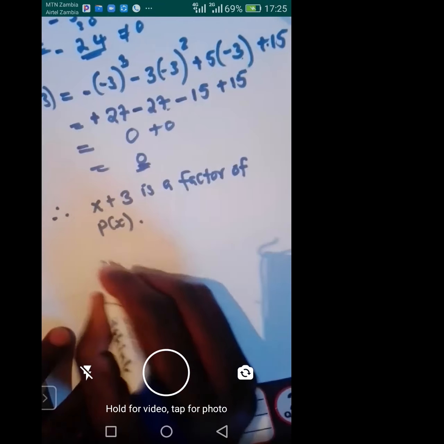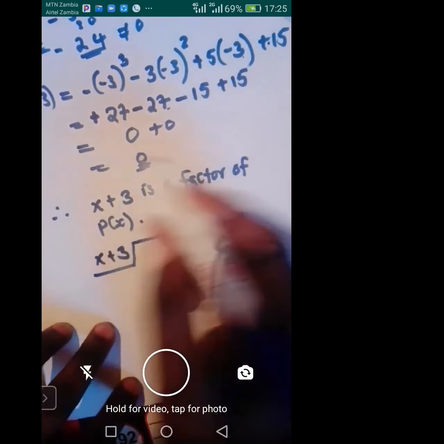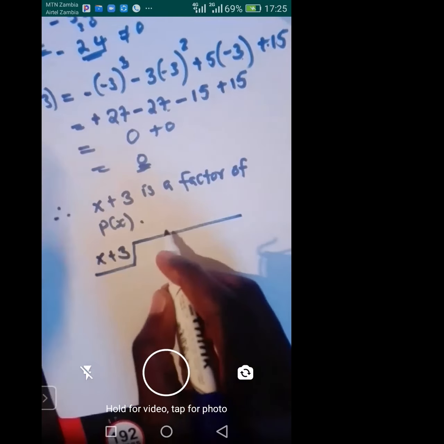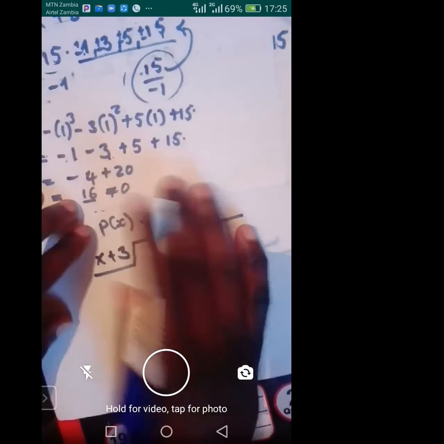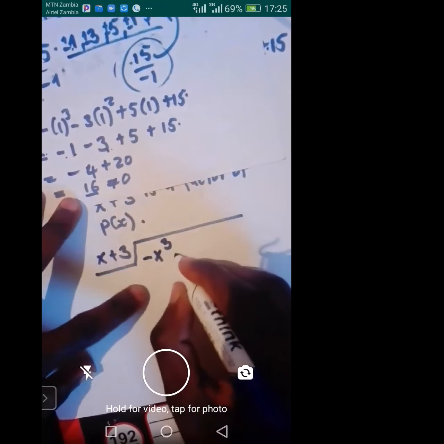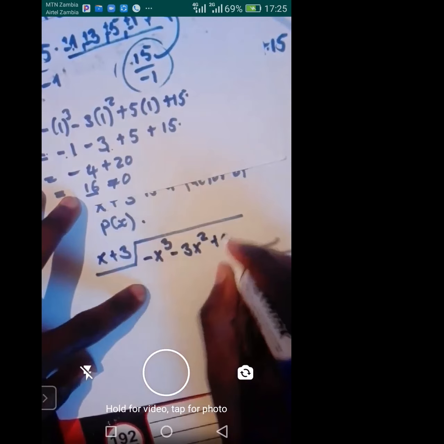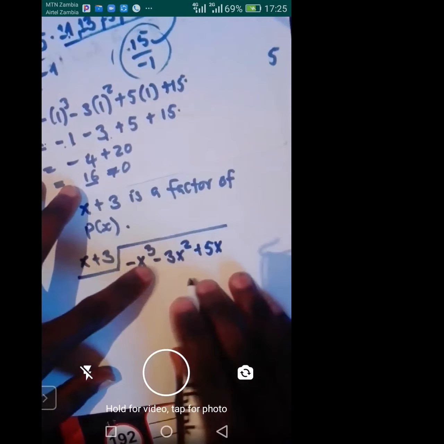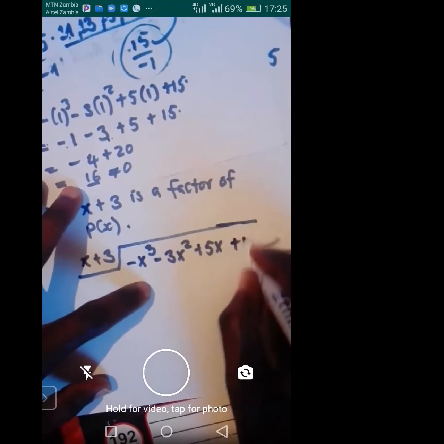So you have x plus 3 into minus x to the power 3 minus 3x squared plus 5x plus 15.